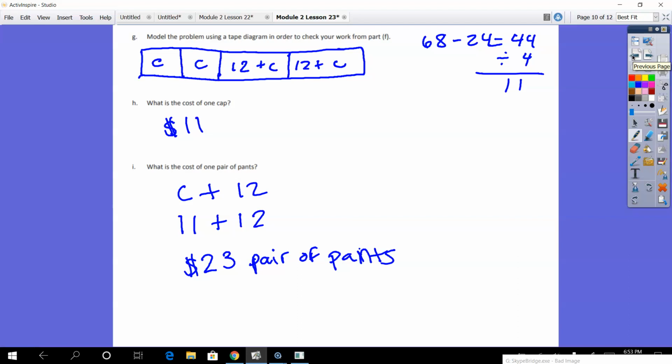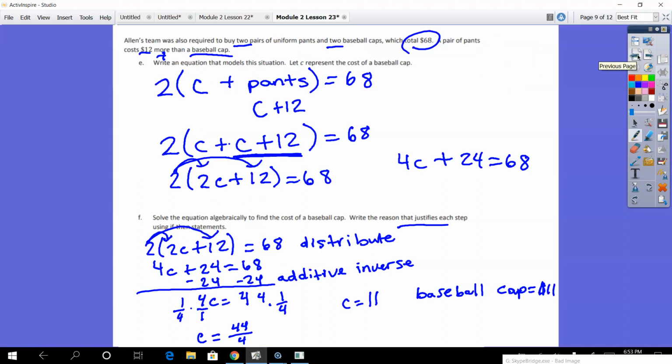So when we're looking at word problems and making them into equations, some of the things that we look for is we look for a total, we look for keywords that would be the constant and then the coefficient. We didn't use that word coefficient. Our coefficient is the number in front of a variable.